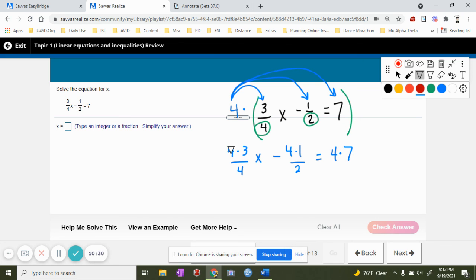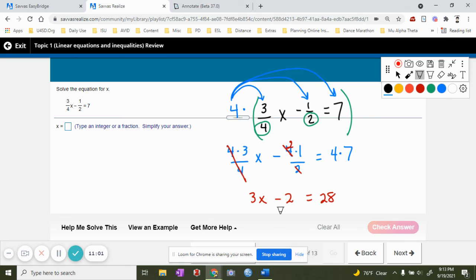Now, if I have 4 over 4, that divides out. 4 over 2 reduces to 2. So I have 3x minus 2 times 1, which is 2. And then 4 times 7 is 28. So solving 3/4 x minus 1/2 equals 7 becomes 3x minus 2 equals 28. And that's a lot easier to work with.